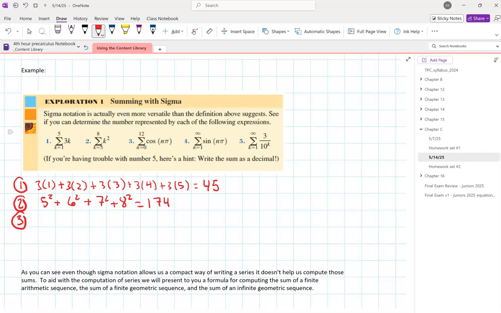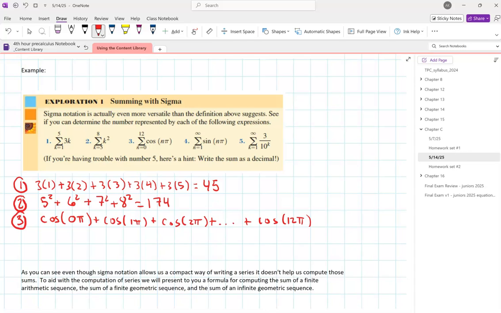The next one, we're going to be adding the 0 to 12 terms of cosine of n pi. There's going to be 13 of these, and I'm not interested in writing that all out. So I'm going to do a dot, dot, dot and use my trigonometry skills to figure out what this sum is without doing the whole thing in my calculator.